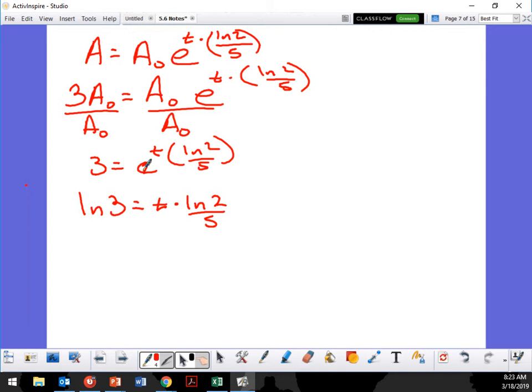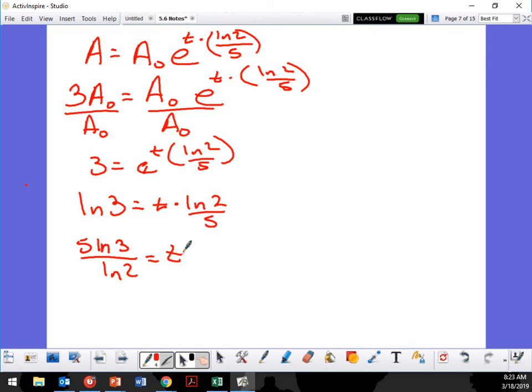If I ln both sides, I can get rid of the e. So ln 3 equals t times ln 2 over 5. All right, so since I'm going to divide by that, it's going to be 5 ln 3 over ln 2 is equal to t.